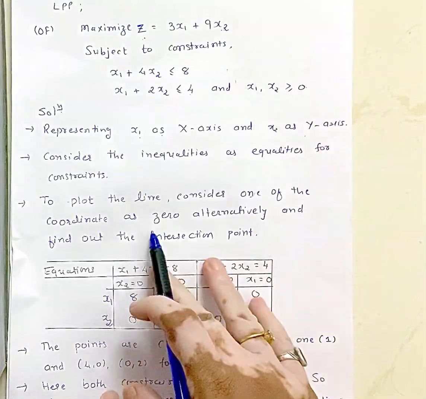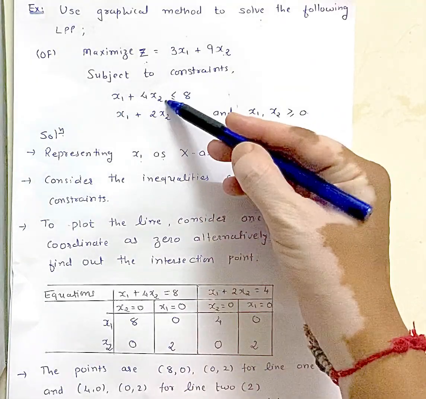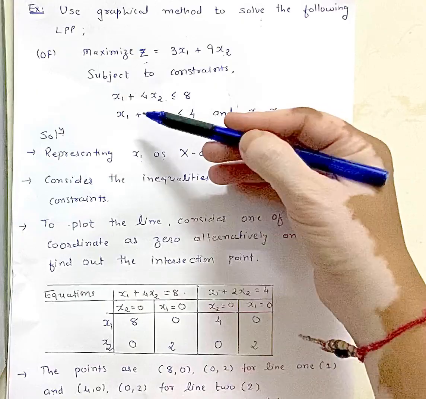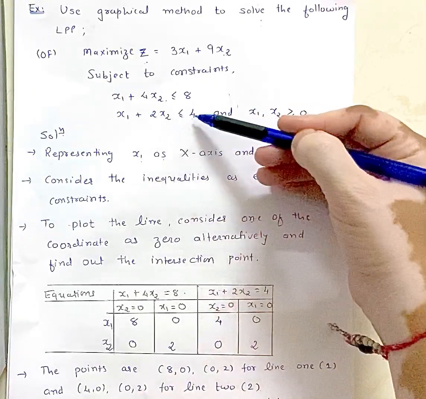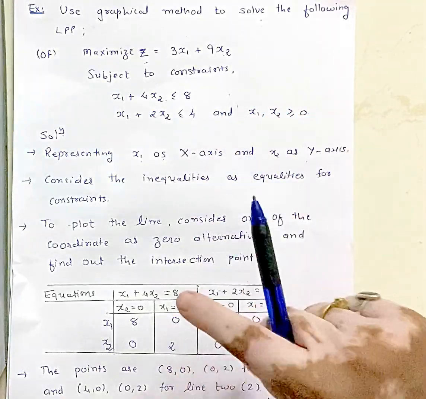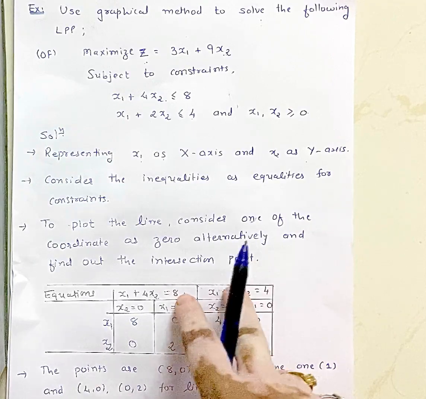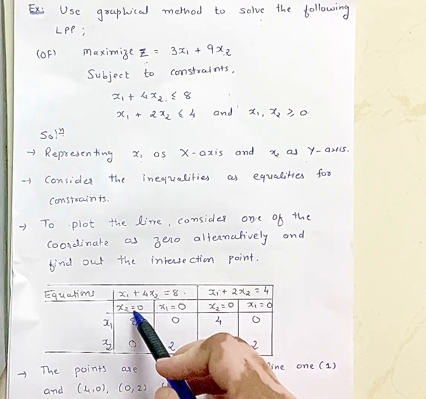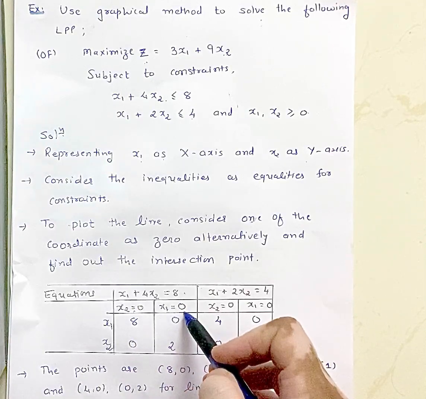Now look, here we have two constraints: x1 + 4x2 = 8, and the second equation x1 + 2x2 = 4. First we take x2 equal to 0, and second we take x1 equal to 0.